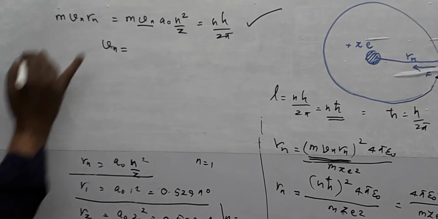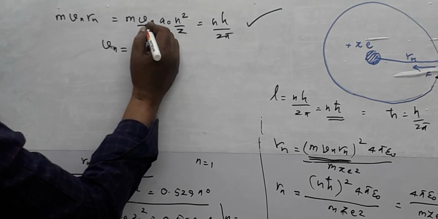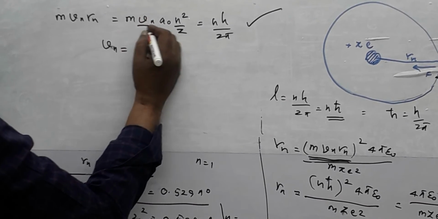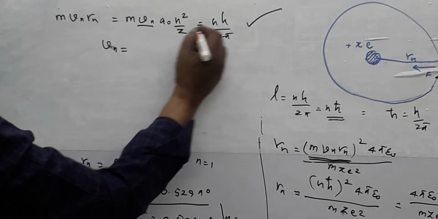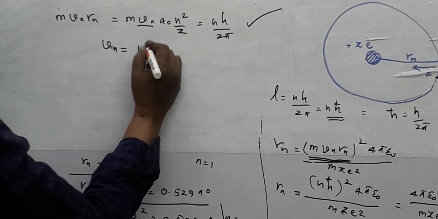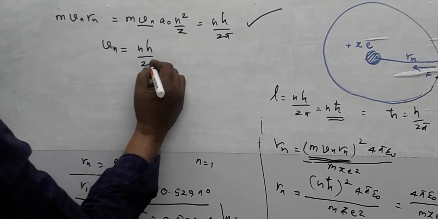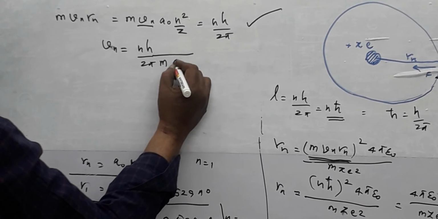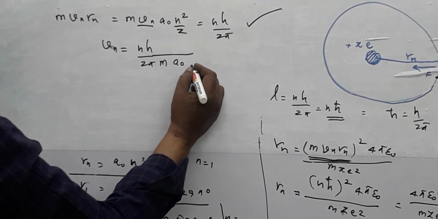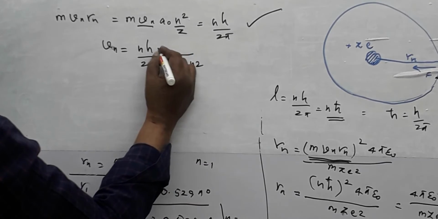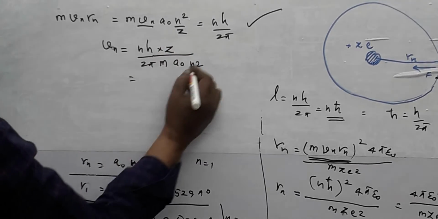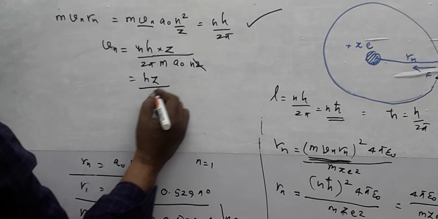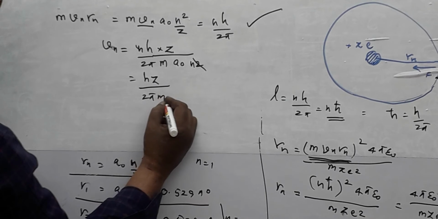Therefore, consider Vn itself, then bring all the remaining terms to the other side. Then nh by 2 pi divided by m A0 into n square, multiplied by Z. One n is cancelled. Therefore, h is divided by 2 pi m A0.